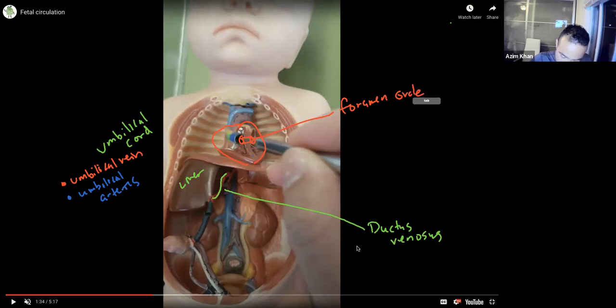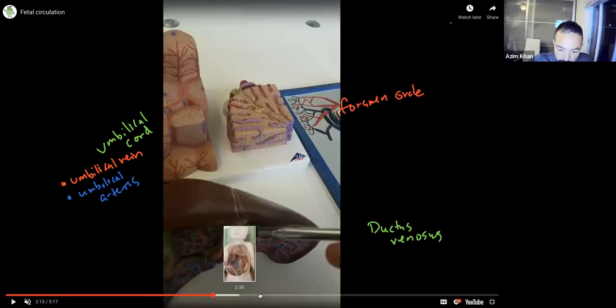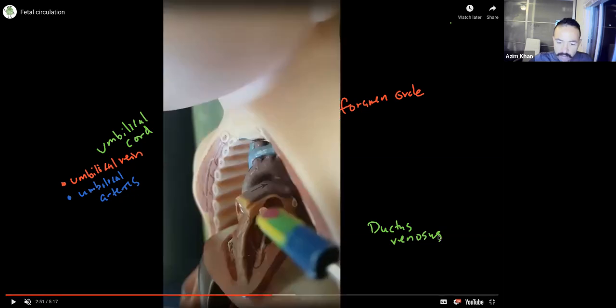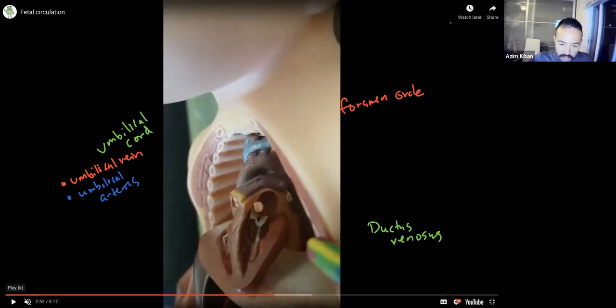I guess I can skip ahead. Here's a left lateral view of the heart, and you can see the foramen ovale right here. See that hole?